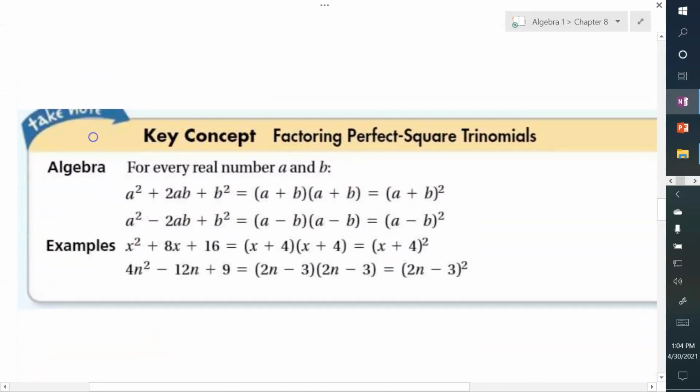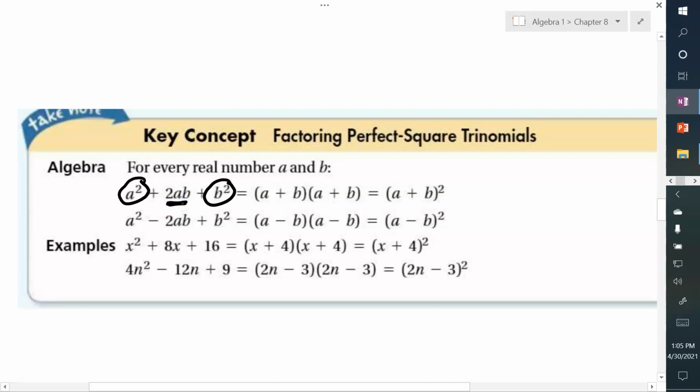So here's an idea. You could factor like normal like we've been doing, but if you notice the pattern, you can just write down your answer. And here's the pattern. If your first term is a perfect square and your last term is a perfect square, square root those two, multiply them together and double it. That should be your middle term.